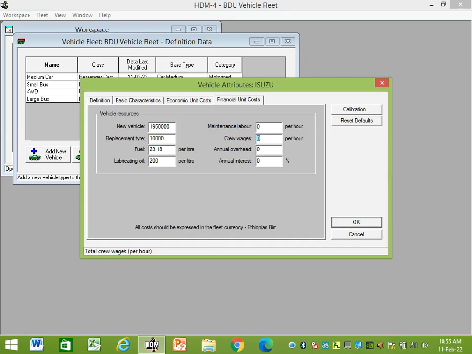Lubricating oil 200. Maintenance labor 125, no? 1 to 5.